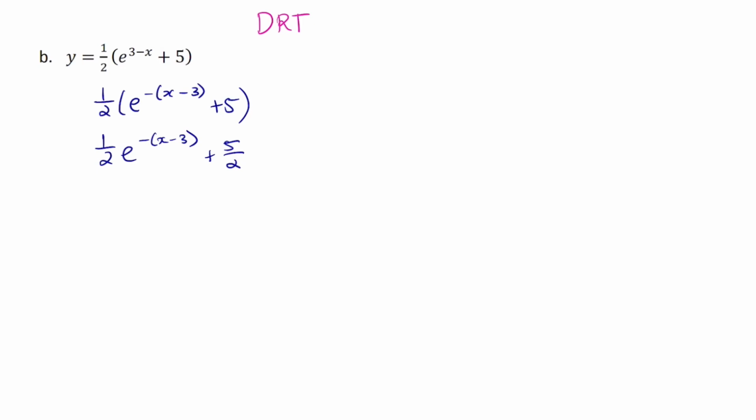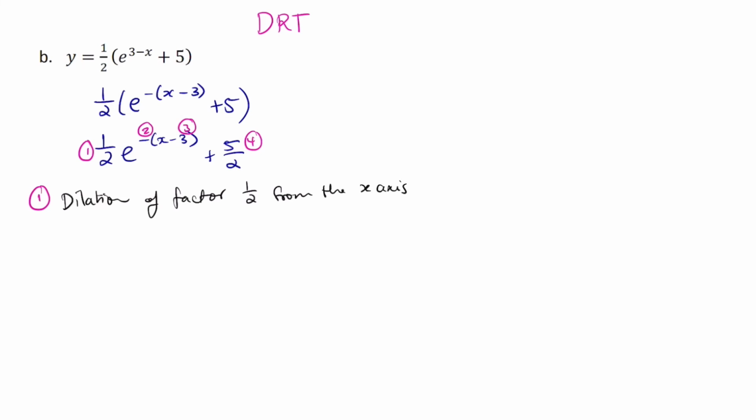All right, let's describe what has happened. There's a lot of things that have happened: dilation, reflection, translations. So the first thing is we've got a dilation of factor 1/2 from the x-axis. It's affecting the y values. Then we're going to have a reflection in the y-axis.